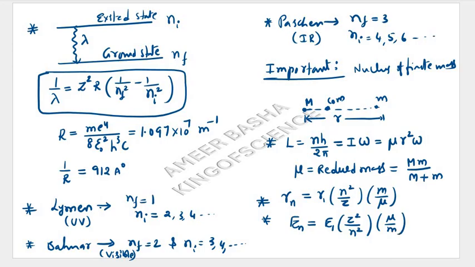So like this, the formulas you need to remember. This type of case, where the effect of the nucleus also has to be considered, rarely comes up in questions, but you need to remember what happens here. You just replace mass with the reduced mass. So if I replace mass with the reduced mass, then things will change according to this formula.